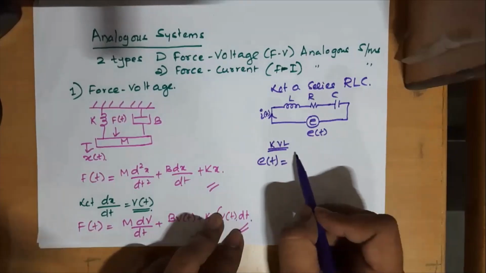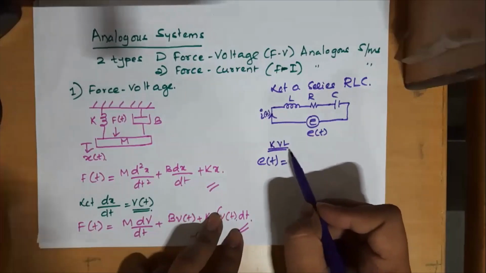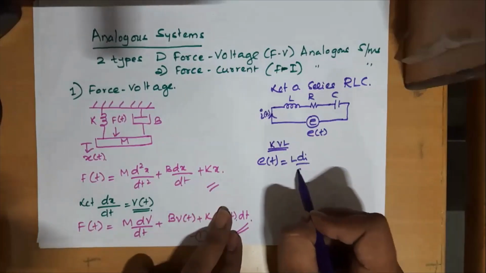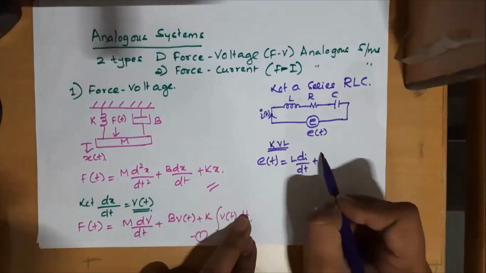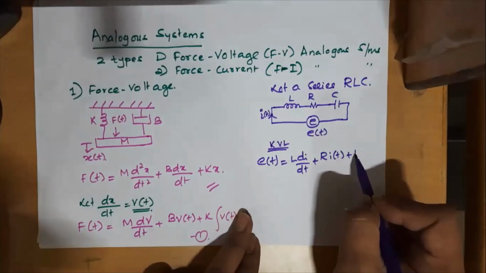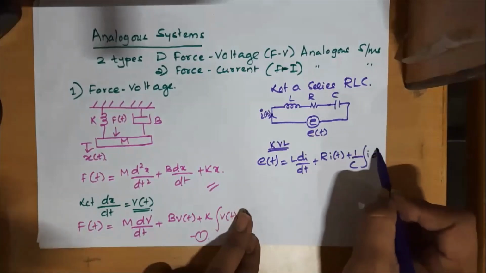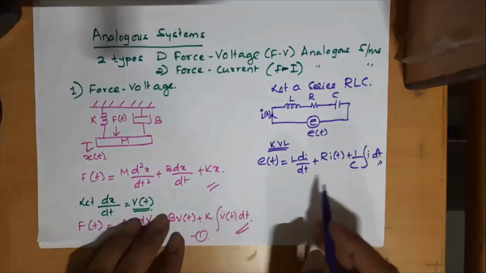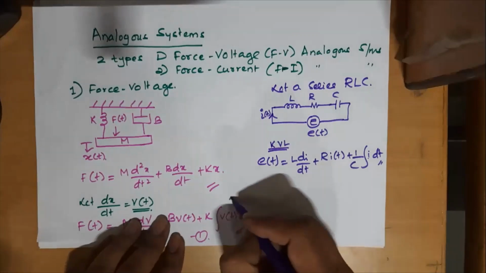E of t equals what? Try to recall it. I will note down all the voltage drops across each element. So that will be L dI by dt plus R I of t plus integration of I of t dt divided by C. I hope no explanation is needed to write this KVL equation. It's already been done in basic electrical as well as in network theory.